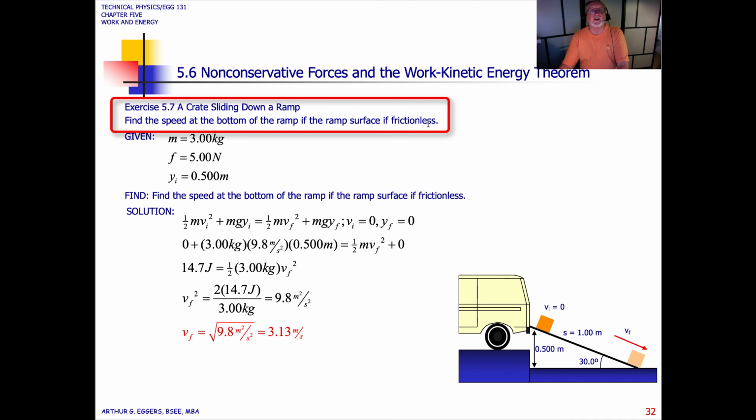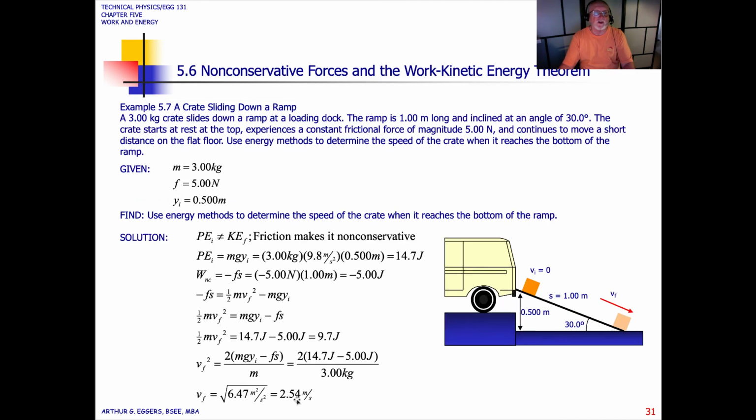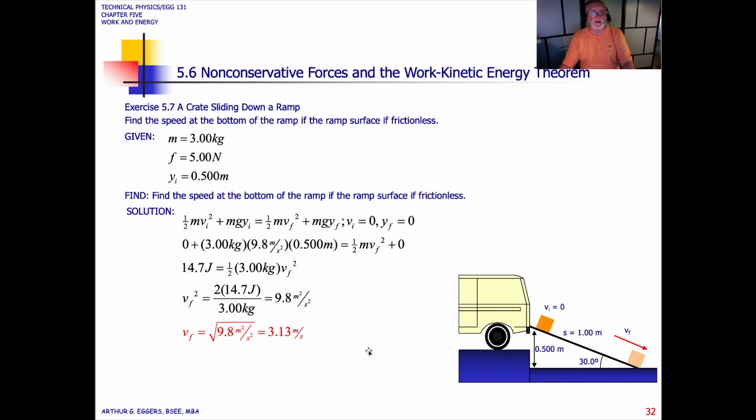The next one asks us to find the speed at the bottom of the ramp if the ramp surface is frictionless. So now we're going to take the friction away and see what the difference is. Here we had 2.54 meters per second. Using the same relationships but no Fs, and knowing that we have an initial velocity of 0 and a final height of 0, when we plug our values in, our 0 terms disappear.